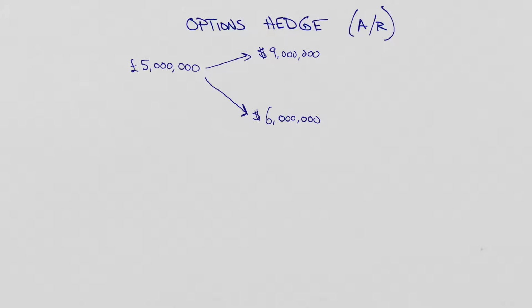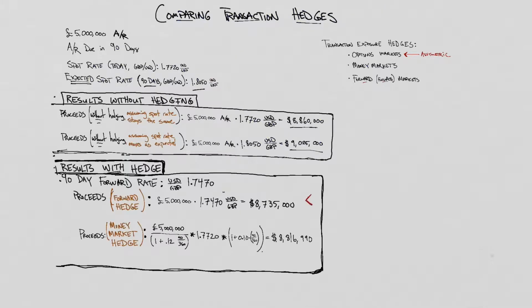What an options approach allows you to do is actually benefit if the British pound strengthens, which is something that these two approaches didn't provide for you. Here we locked in the forward rate that we were going to trade at, and here we immediately converted at the spot rate, so it's one and done.